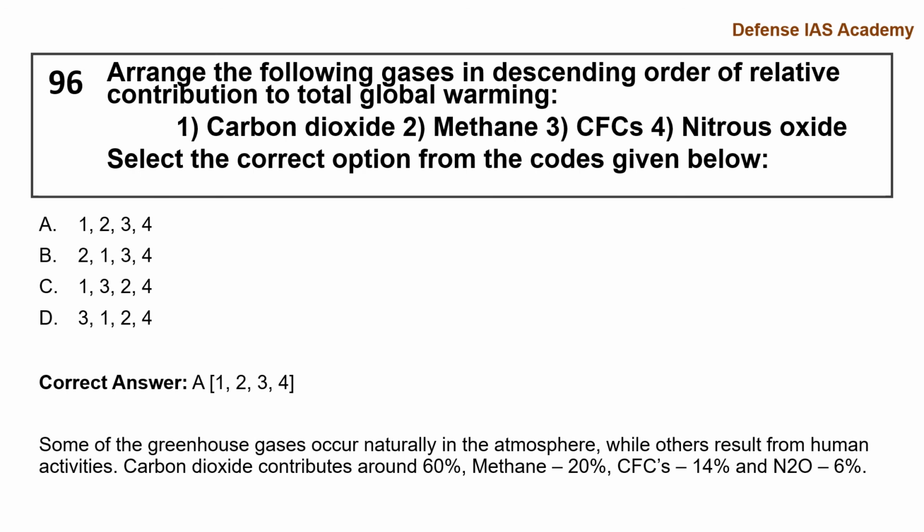Some of these greenhouse gases occur naturally in the atmosphere while others result from human activities. The carbon dioxide contributes about 60 percentage of the global warming, whereas methane contributes 20 percentage. The chlorofluorocarbons, CFCs, contribute 14 percentage, and the nitrous oxide N2O contributes 6 percentage to the global warming.